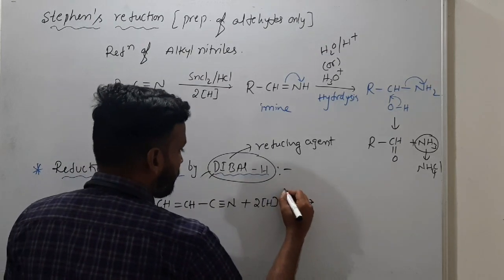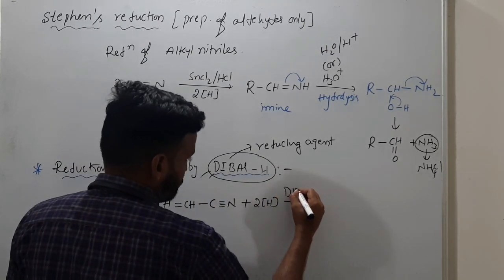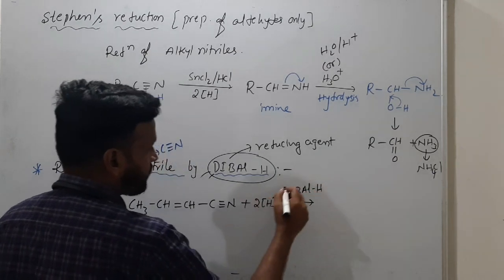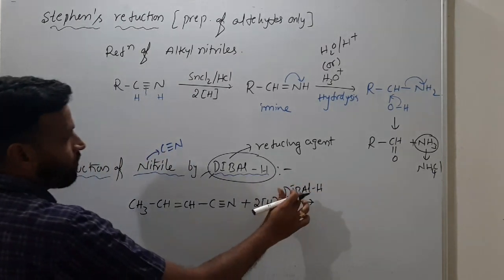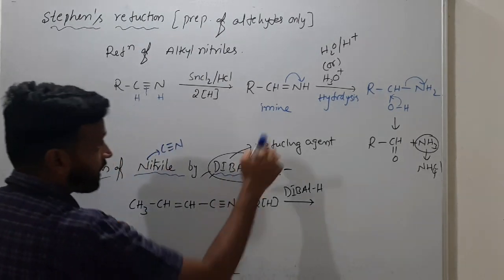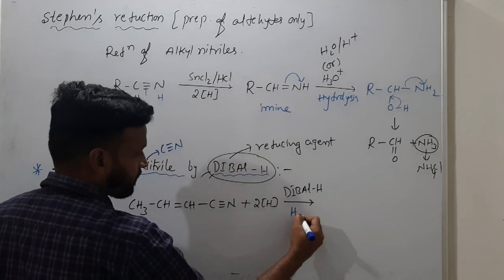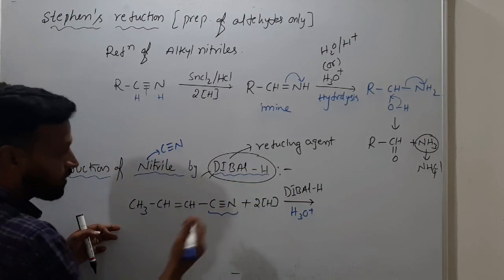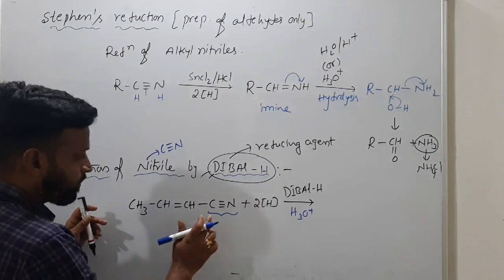On the arrow you have DIBAL-H. What is the meaning of DIBAL-H? I have given it already. Same story, followed by hydrolysis, that means H3O plus. So here only this part will reduce. Which part?